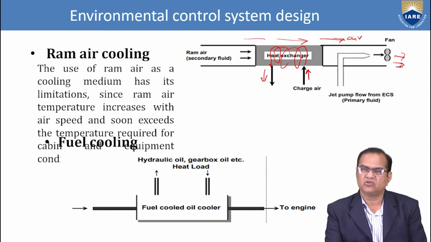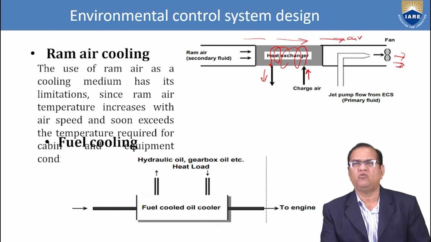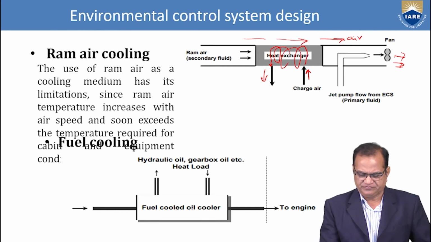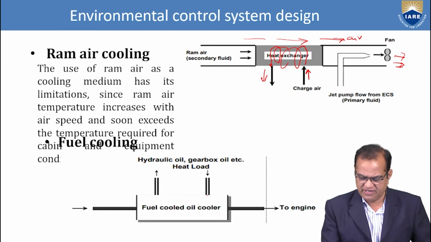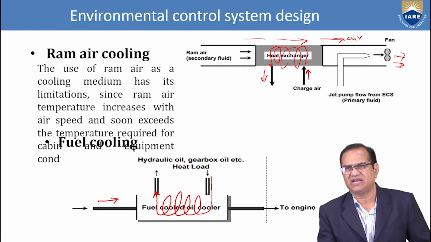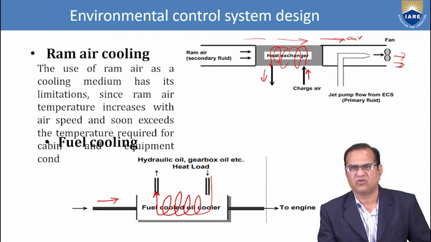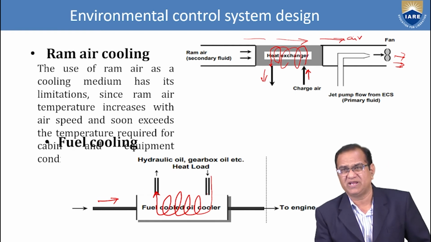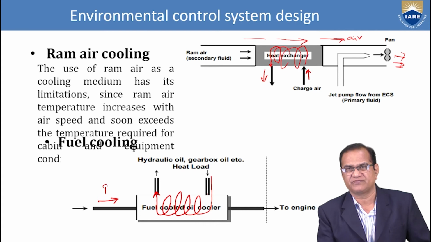If you want to cool the oil cooler, how can we do it? The same way: here oil is entering from this side, going through the coil, and coming out like this. Air is coming from this side and is sucked by the engine. In place of air, sorry, we use the fuel here.